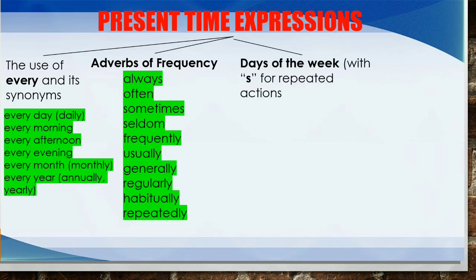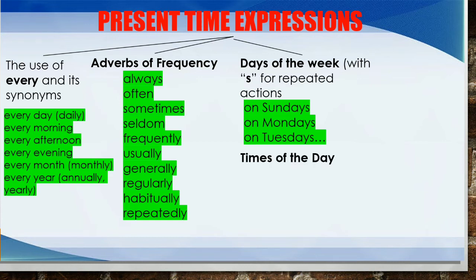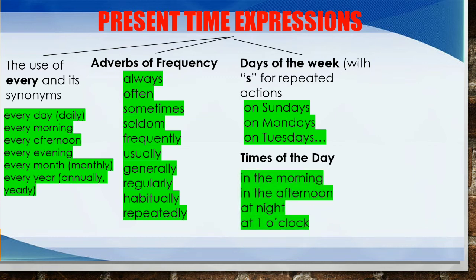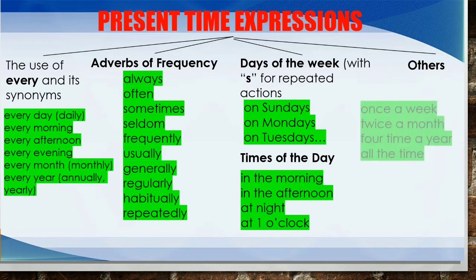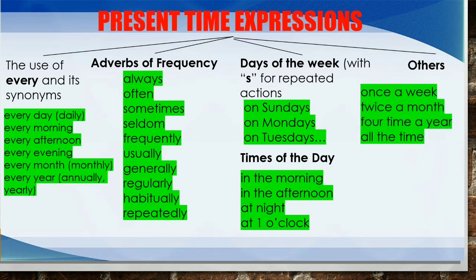Next, days of the week with S for repeated actions. Examples: on Sundays, on Mondays, and on Tuesdays. Times of the day: in the morning, in the afternoon, at night, at 1 o'clock. And other present time expressions are once a week, twice a month, 4 times a year, and all the time.